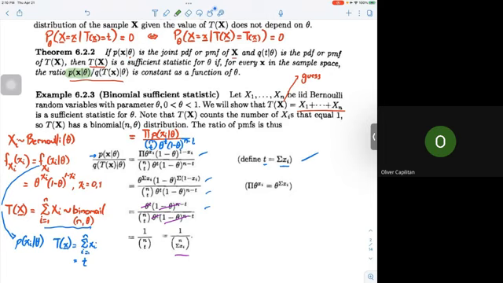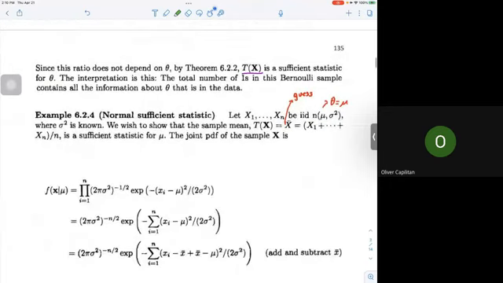But we can replace it with F. So this is F. So the joint PDF of the sample is, we have that actually, this is equal to, let's evaluate the numerator first. So we can express it as x sub 1 up to x sub n, given our parameter mu.